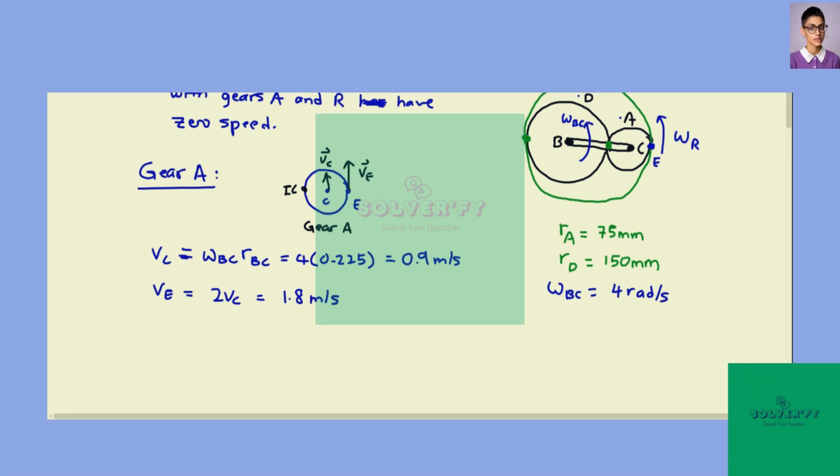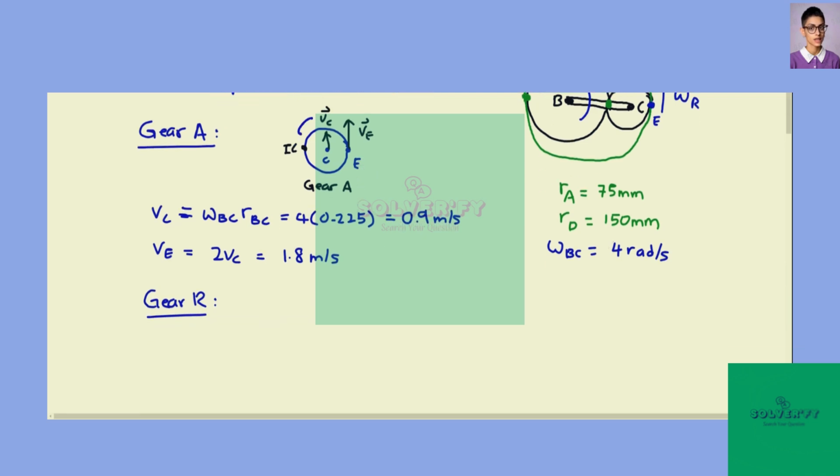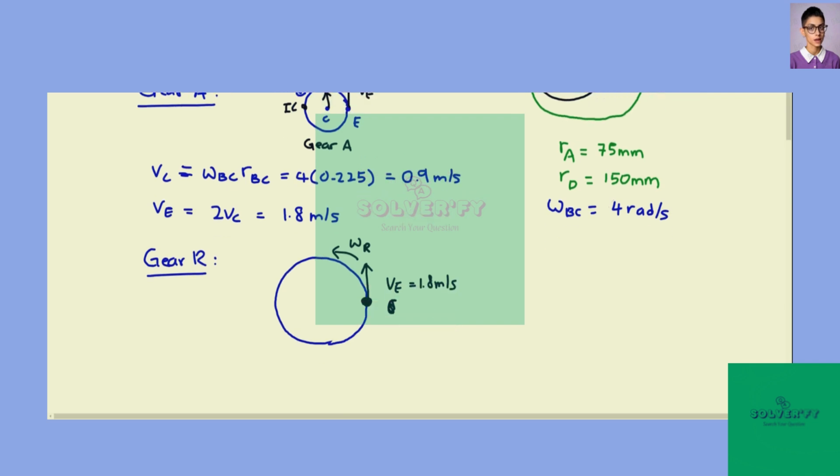Then when it comes to gear R, this is gear A, omega A. Then gear R is bigger, and we have this point E that is moving at VE equals 1.8 meters per second, and it has this counterclockwise angular velocity.